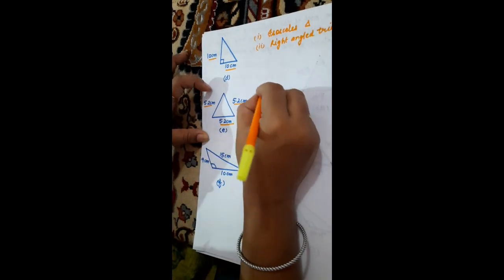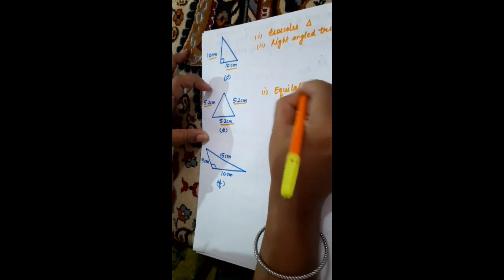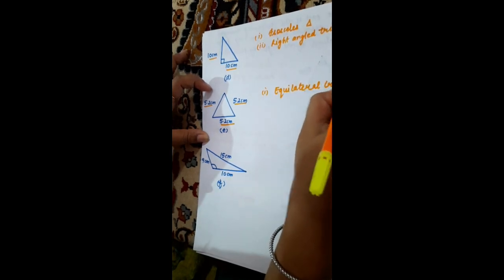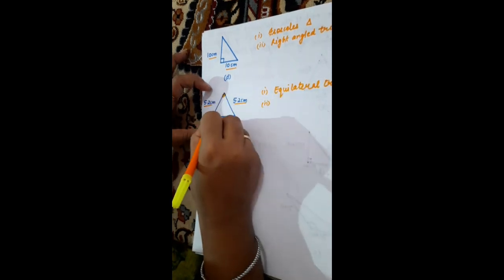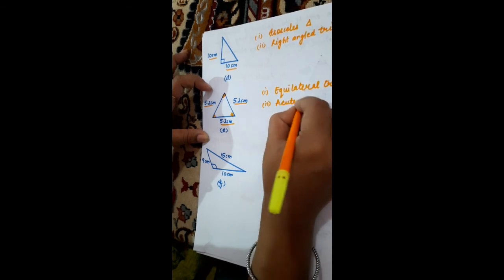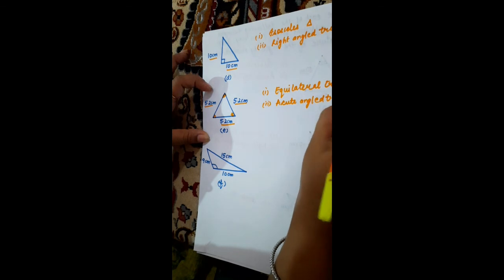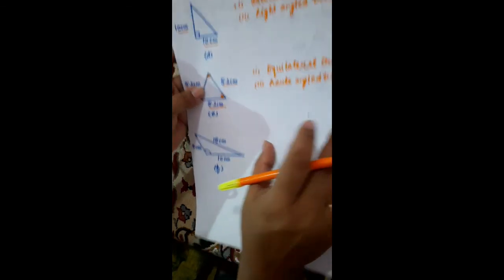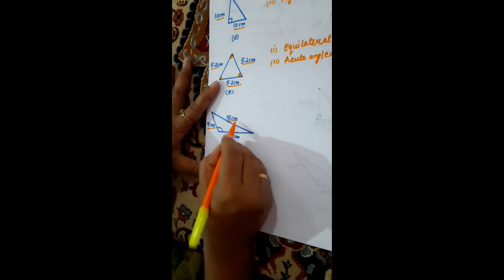Then E part, in E part all the sides are equal. If all the sides are equal, so we can say that equilateral triangle. And as we know, all the angles are less than 90. So here we have an acute angled triangle. So this is your E part. Now next we have F part. Here you have all different sides.